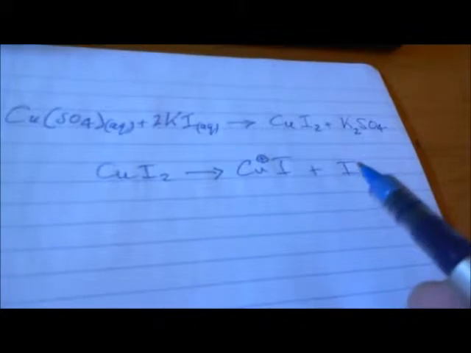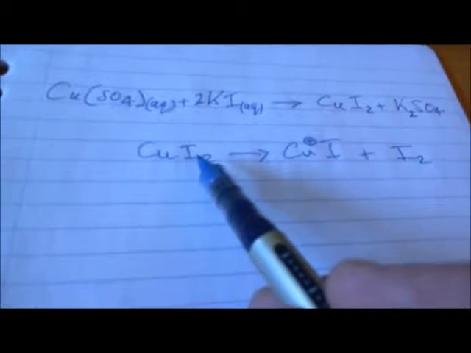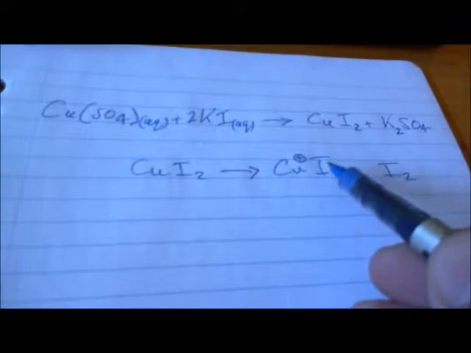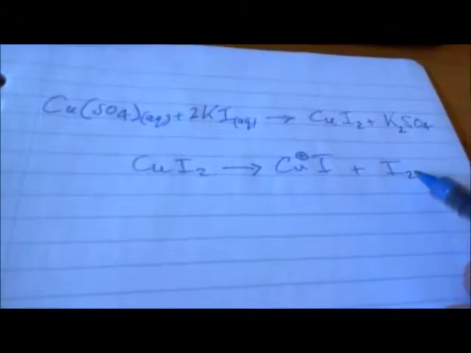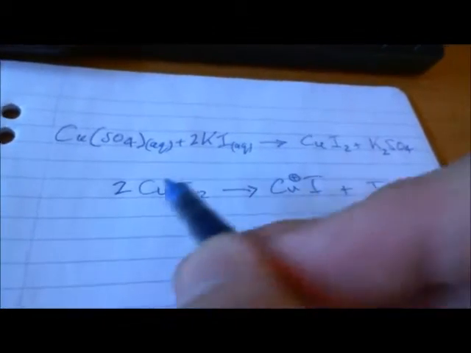Now this is not balanced. We've got 3 iodines on both sides, so let's see if we can multiply this by 2 and get this to balance.